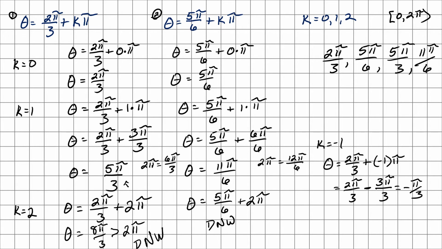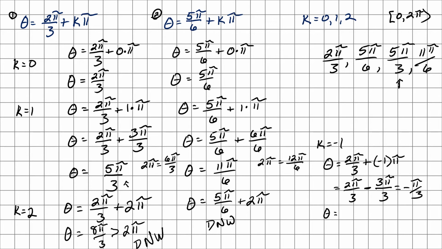Well, let's think about that for a moment. It's a negative value, but is there a positive angle that would have a coterminal side with negative pi over 3? Well, yes, it's going to be 5 pi over 3. So it does work, I just don't need to do it because it's redundant.